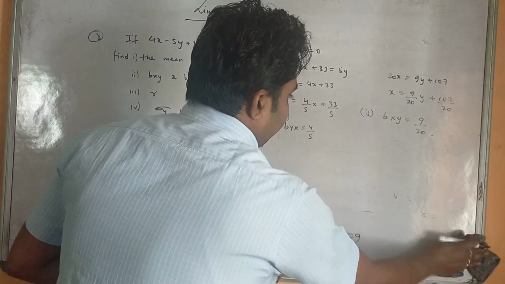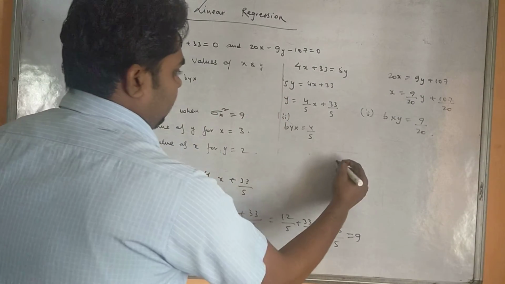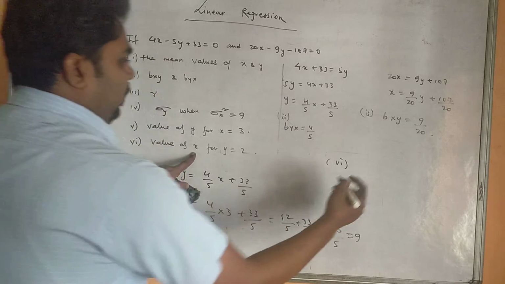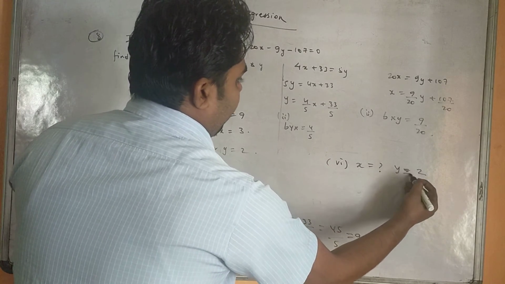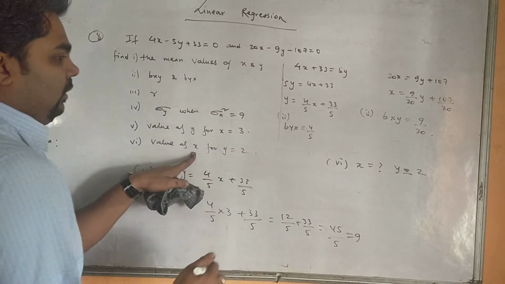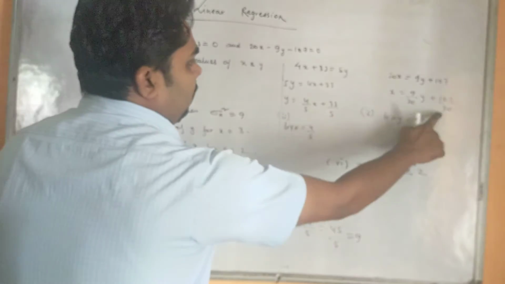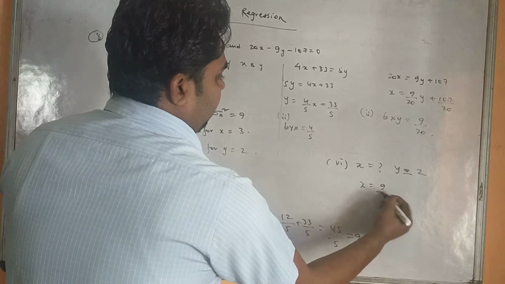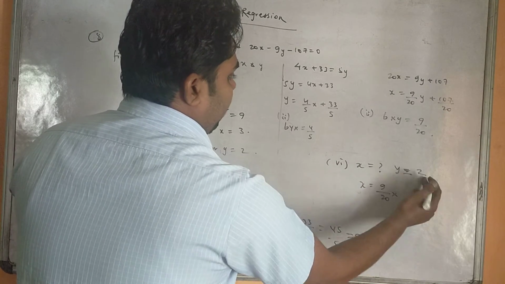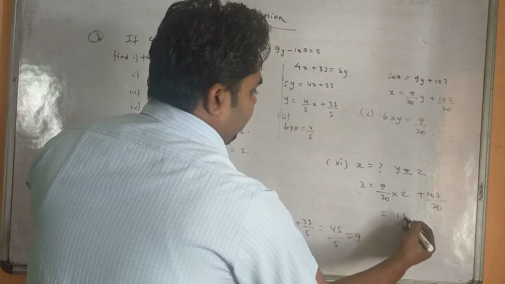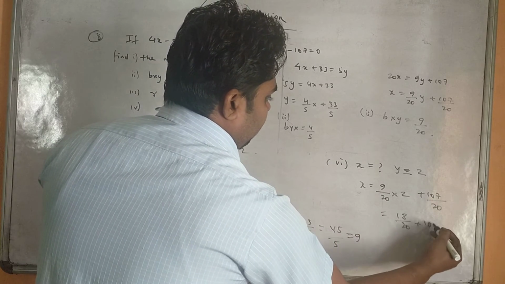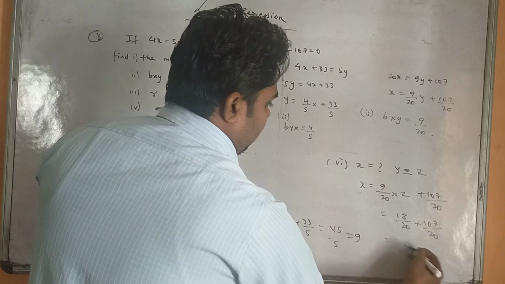Point number 6 will be: x we have to find and y is given as 2. So this value of y we will substitute in the x on y equation. That means 9 by 20 into y, in place of y we put 2, plus 107 by 20. That is 18 by 20 plus 107 by 20. LCM is 20.